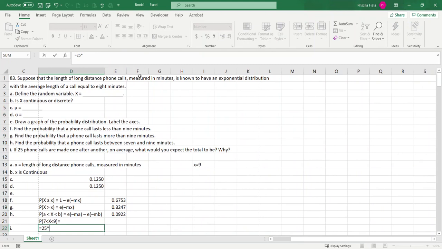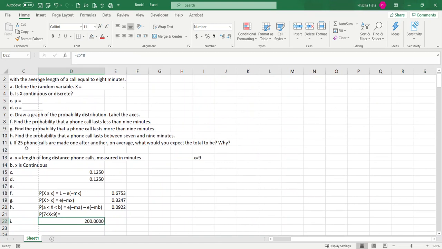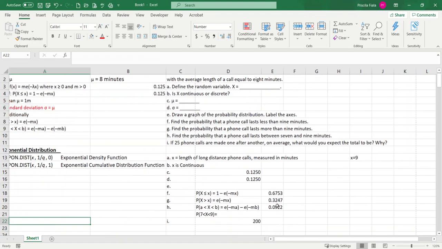and right here, suppose that the long distance calls, measured in minutes, are known to have an exponential distribution with a mean of 8 minutes. So we have 25 phone calls times 8 minutes. So then it would be about 200 minutes. Let me take off these decimals.